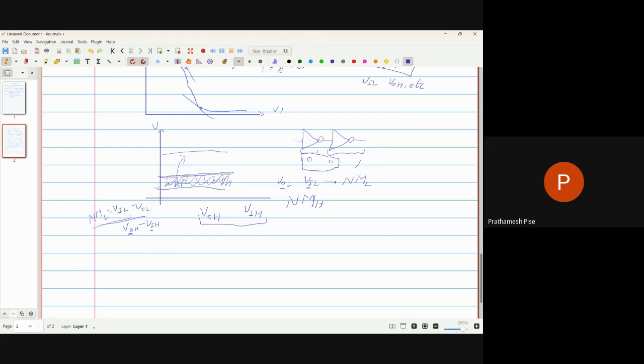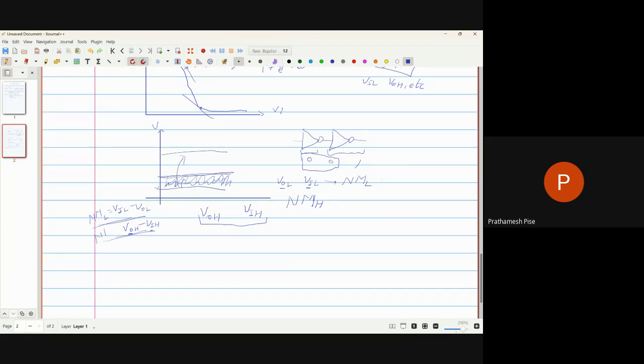What you can do is subtract any value like VOL minus VIL and just take the mod of it. It will become positive because the difference won't change by turning them. You just take mod of it, or you can use these also. I won't confuse you at the last moment, so you can use the formulas given.